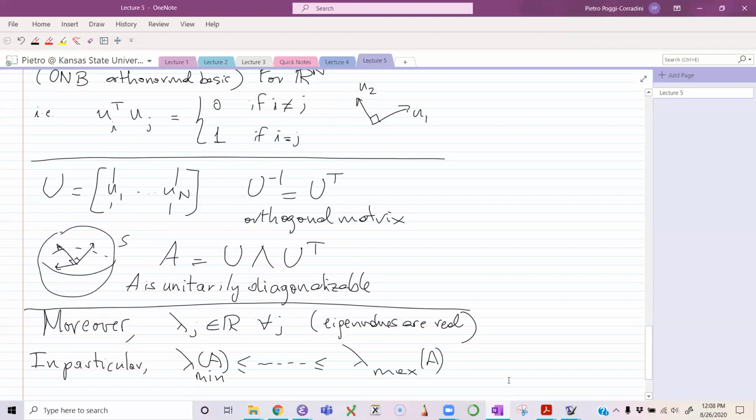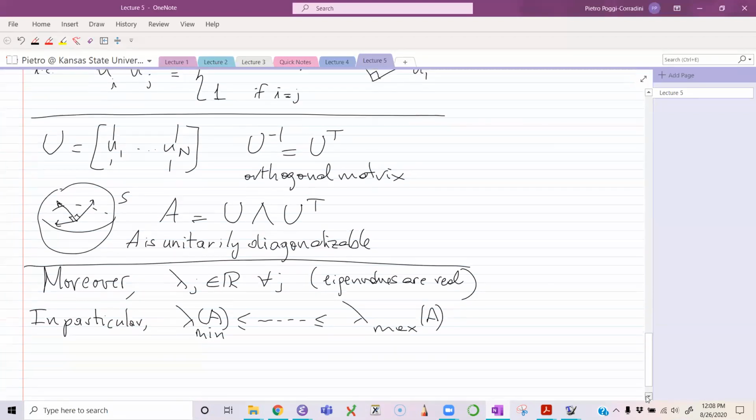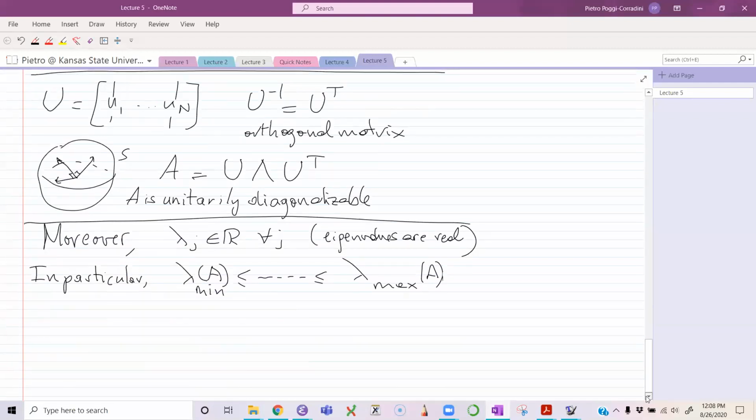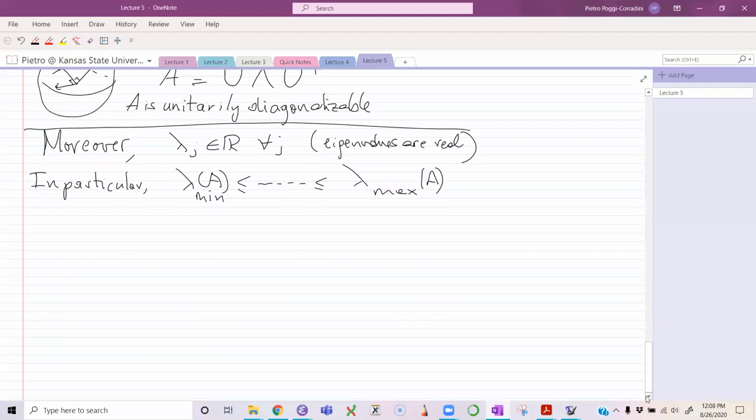Again, this is another added feature that makes life a lot easier when you can order the eigenvalues. If they are complex, there's no order in the complex plane, so, well, there are partial orders. All right.